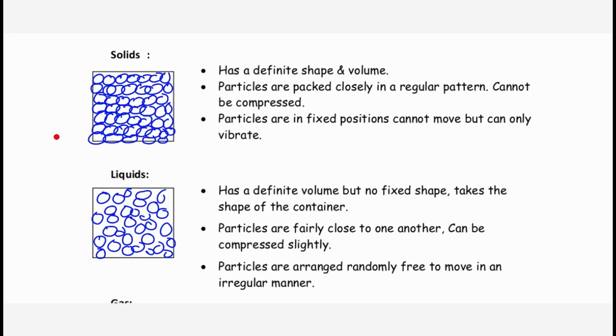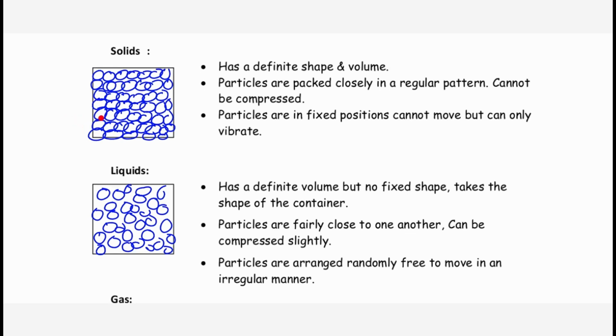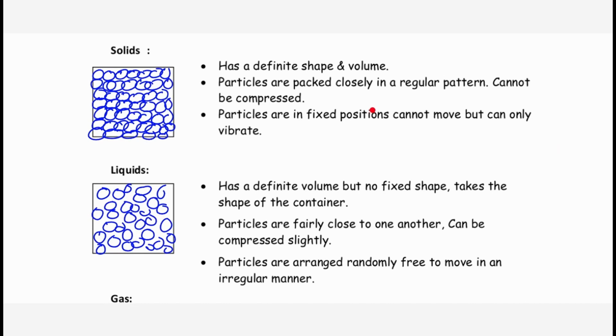When they keep vibrating, at one point they overcome the intermolecular attractions with the other solid particles, and that's where the solid begins to melt. That's called the melting point of the solid, the temperature where the solid begins to melt. That's called melting, the change of state from solid to liquid, which happens when the temperature is increased.